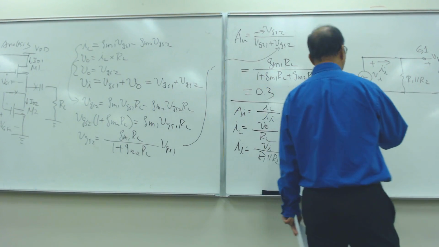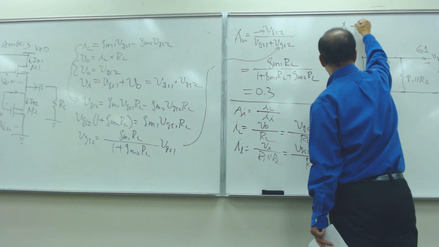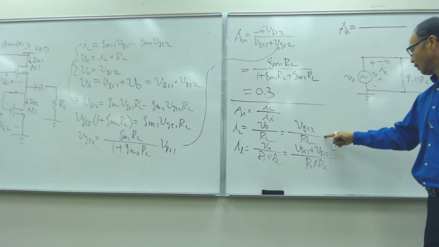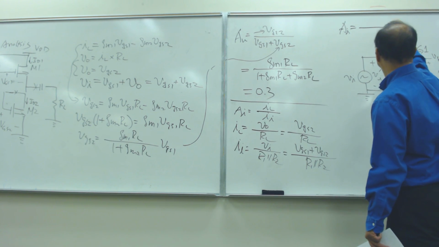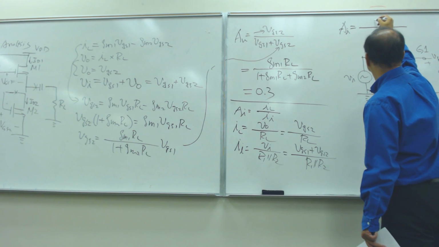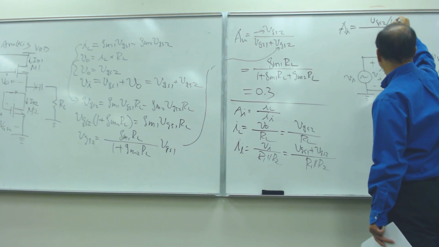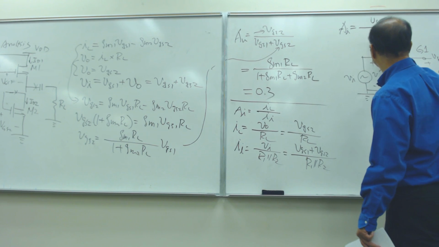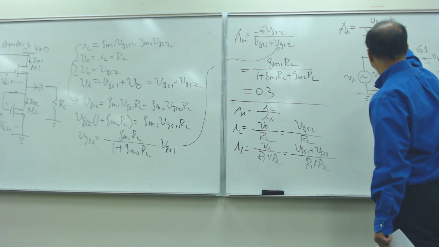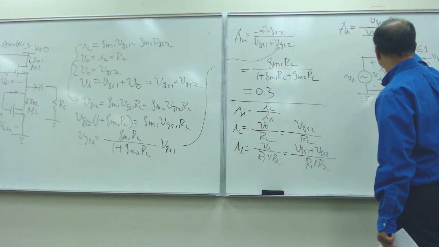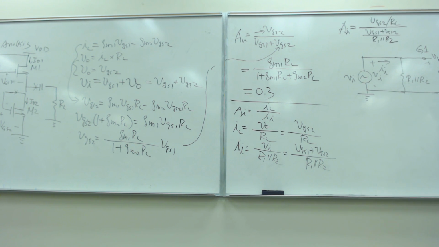So if you take the ratio, A sub I equal to, take the ratio, I sub L on top, right? So it's VGS2 divided by R sub L over that VGS1 plus VGS2 divided by R1 parallel R2. Yes? Okay, again, you see two unknowns, right? VGS1 and VGS2.